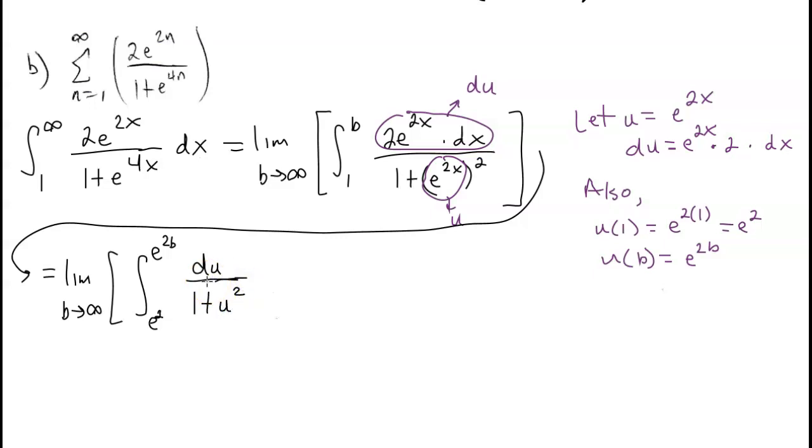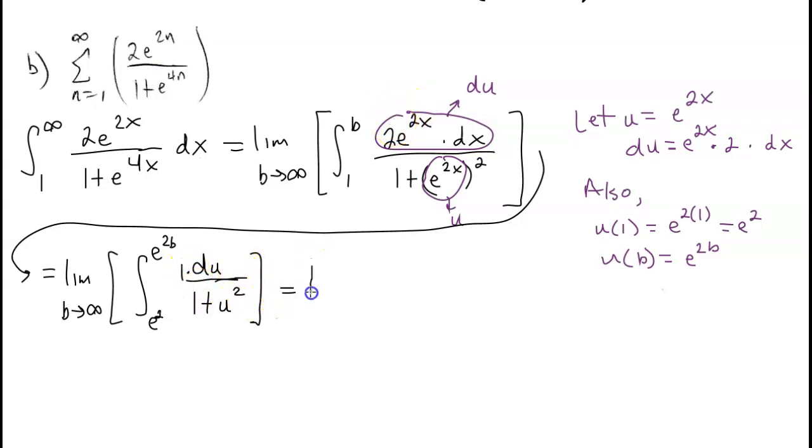Okay. All right, and so if we look at what we have here, this should look kind of familiar to us. This is the same as just saying 1 over 1 plus u squared du. And we know that the antiderivative of 1 over 1 plus u squared is just tangent inverse, or arctan.